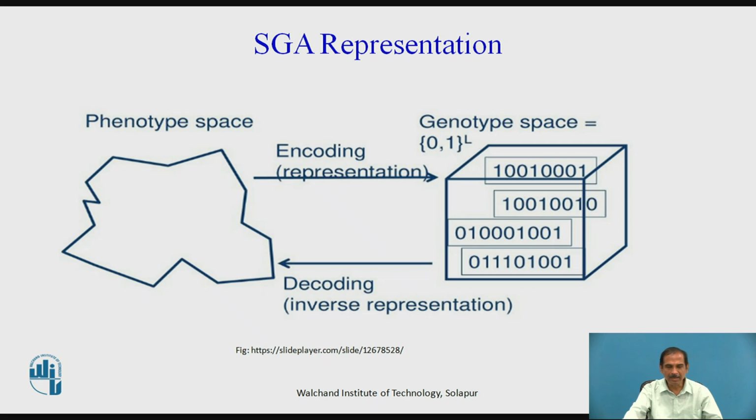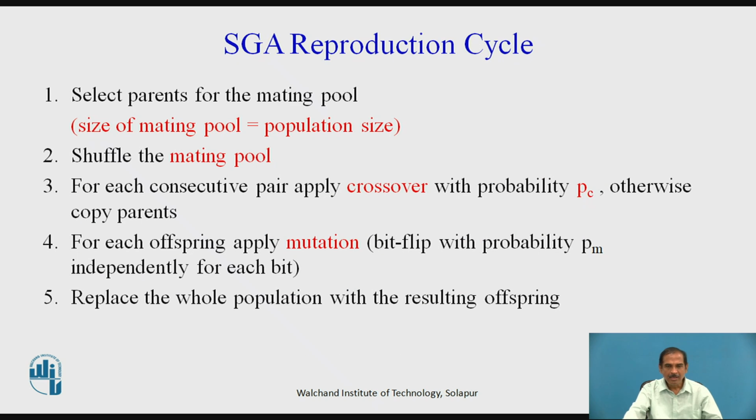After doing our processing, we can finally decode it to represent a new phenotype space. The simple genetic algorithm thus goes by selecting the parents for the mating pool and shuffling the mating pool. For the consecutive operations, we apply crossover with a particular probability of crossover.